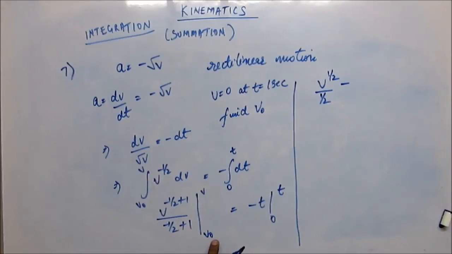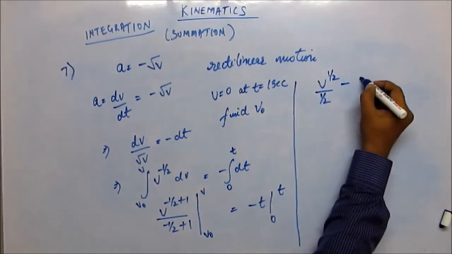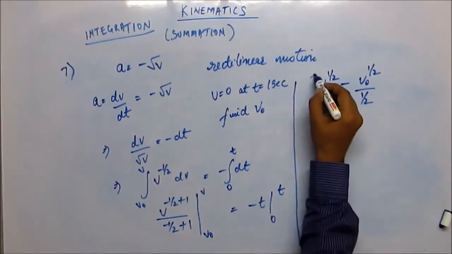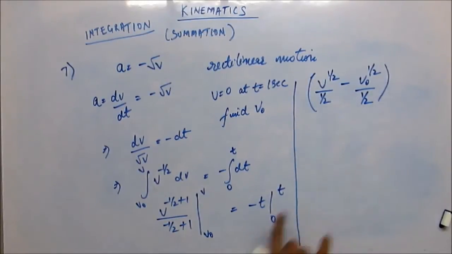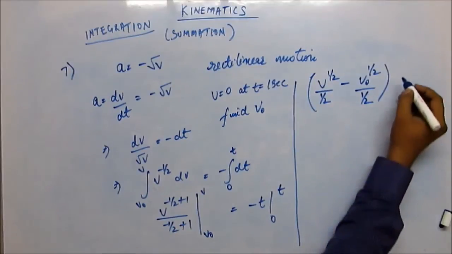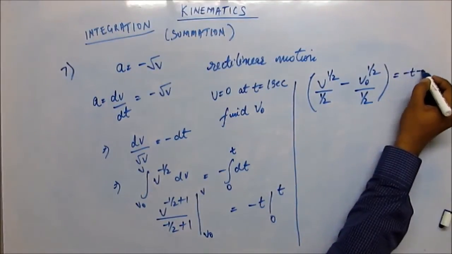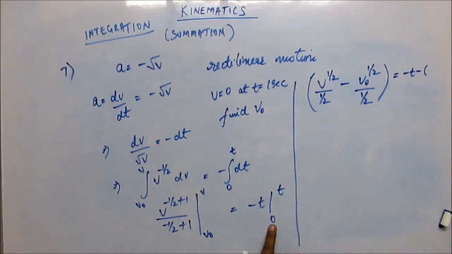Lower limit is v0. So v0 to the power half upon half. This is the integration of the left hand side. Similarly, integration of the right hand side would be, we put the upper limit t minus lower limit, that is 0.